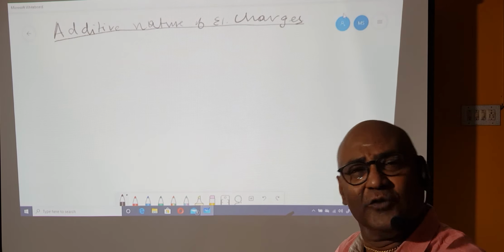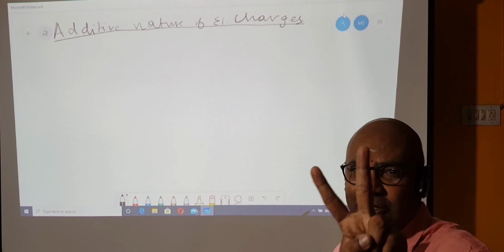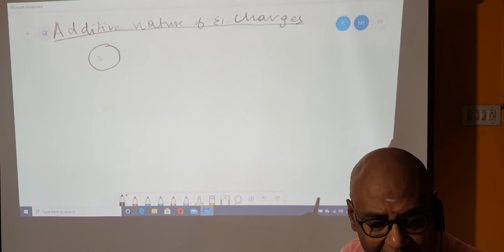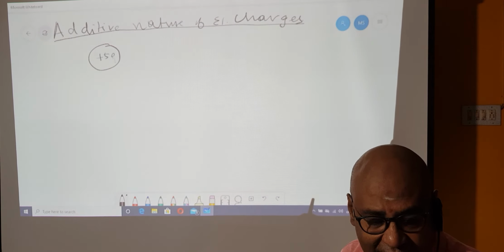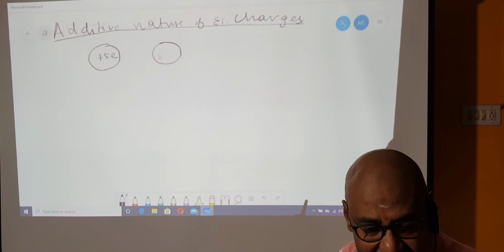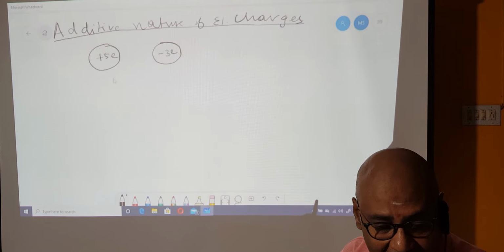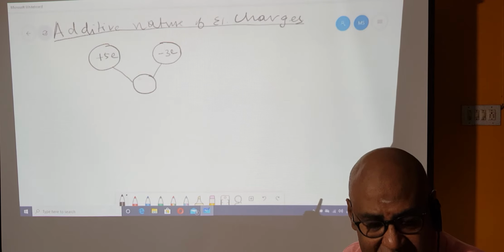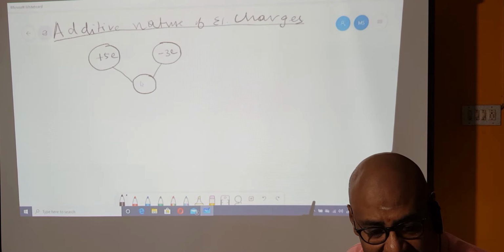I can explain you with the help of an example. I am considering two charged bodies. For example, I am taking one charged body having a charge of plus 5e. I am having another charged body having a charge of minus 3e. When I am combining these two charged bodies into a single charged body, then the resultant is taken to be plus 2e.